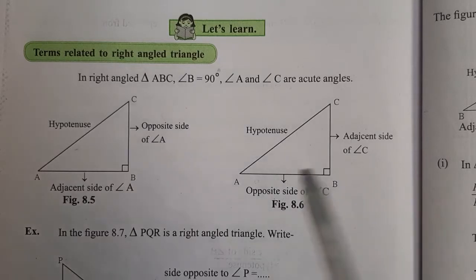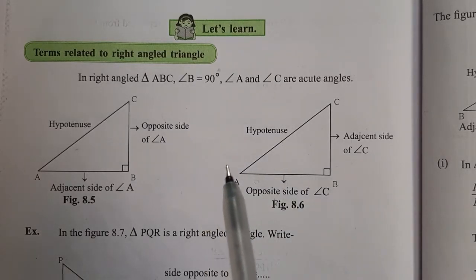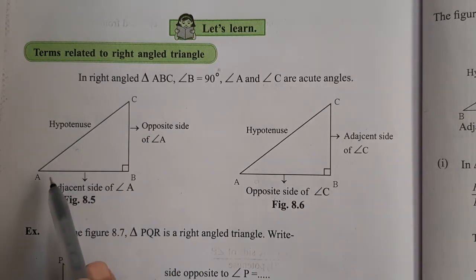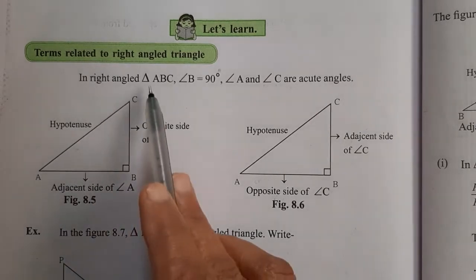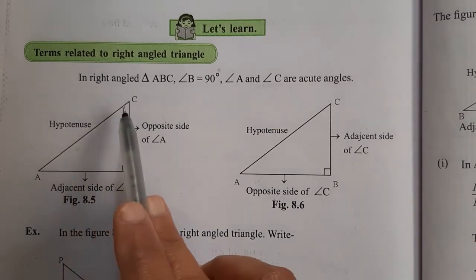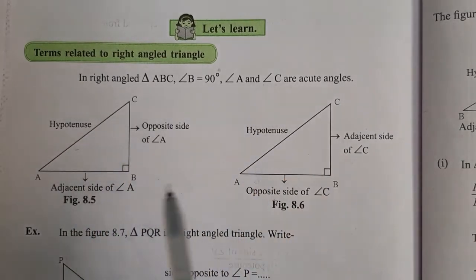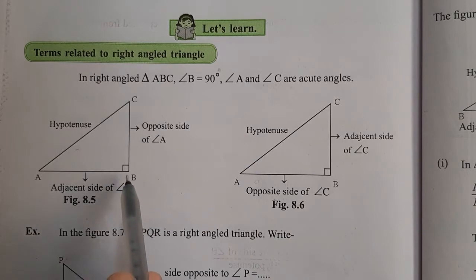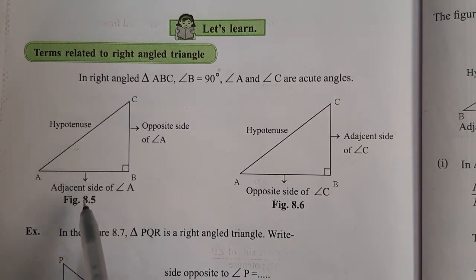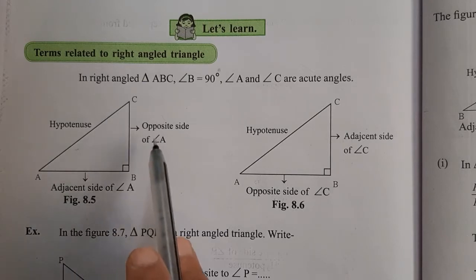Now, terms related to the right angle triangle. In right angle triangle ABC, look at the diagram. Angle B equals 90 degrees. Then angle A and angle C both are acute angles. As we know, the side opposite to the 90 degree angle is called the hypotenuse. Here is the adjacent side of angle A and here the opposite side of angle A is given.